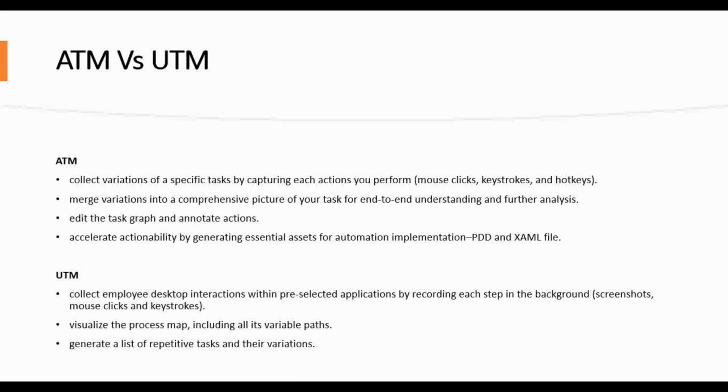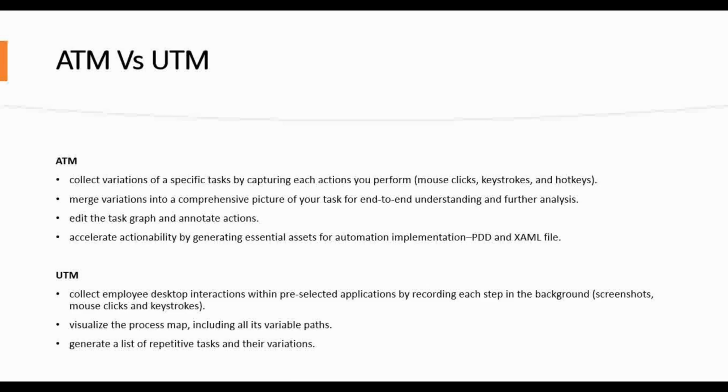Usually this PDD, process definition document, will be shared as a proposal to the client for giving a clear understanding about what process is happening and how we are going to automate it, right? With all the diagrams, PDD generation we can directly use with assisted task mining, and we can export that to a XAML file as well. It will give you the skeleton of the automation, and we just need to modify on top of it. So it will help reduce the time of implementing automations, right?